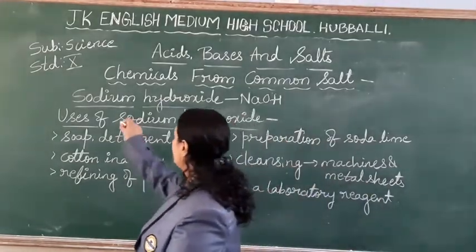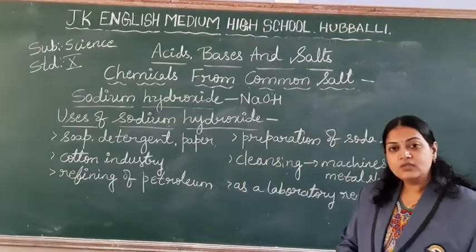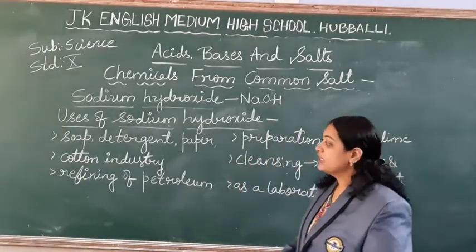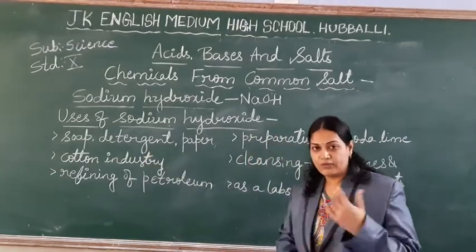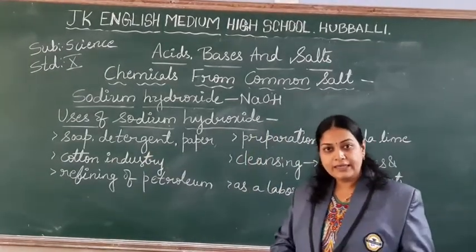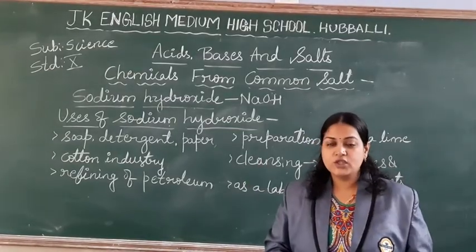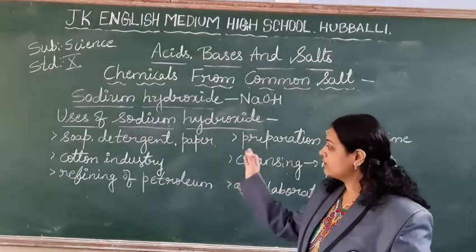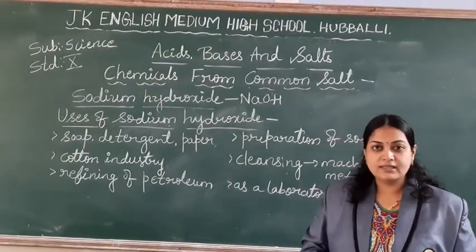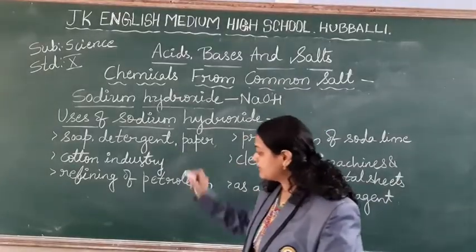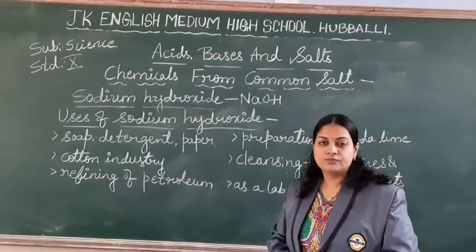The first one, uses of sodium hydroxide. Sodium hydroxide is used in the soap industry, meaning in the manufacturing of soap, detergents, paper and artificial silk. In all these manufacturing it is used. Not only this, it is used in the cotton industry and refining of petroleum.